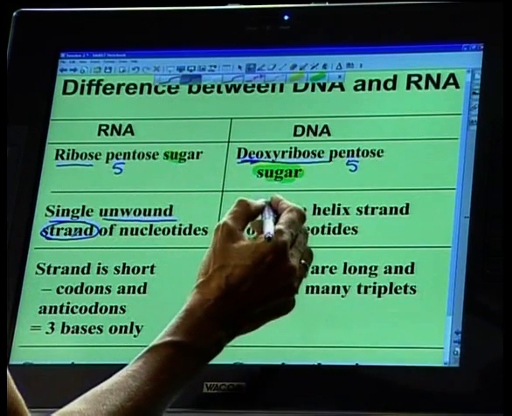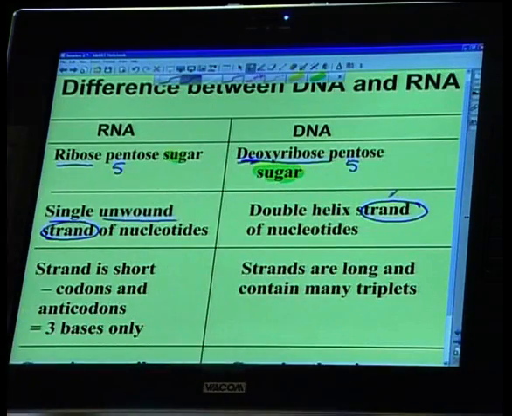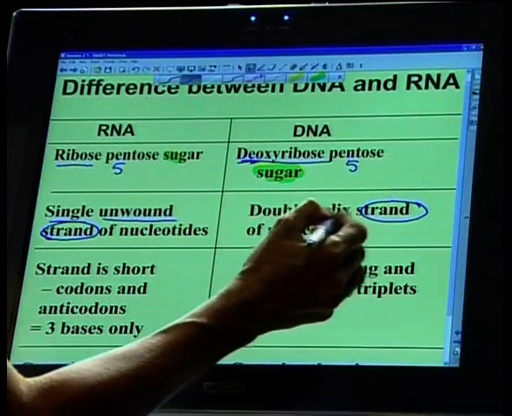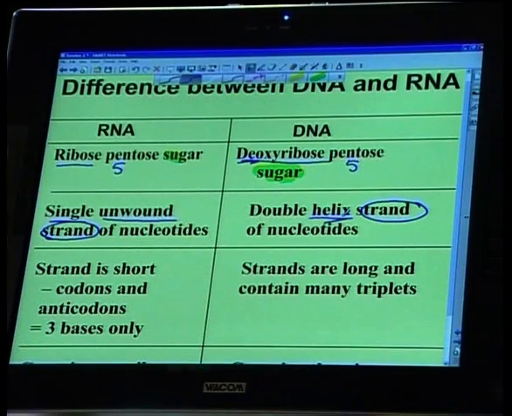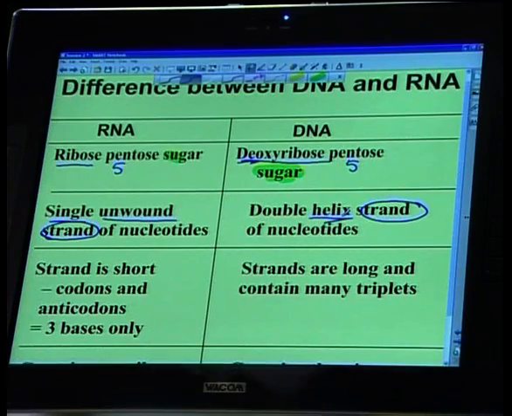Here, it has a double helix strand. Double means two. So we'll have two nitrogenous bases, two phosphates, and two pentose sugars that will join in each nucleotide. Okay, and it's a helix, means it is twisted. So single unwound strand, double helix strand of nucleotides.